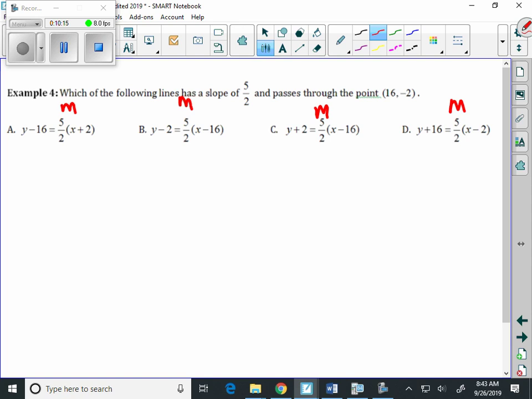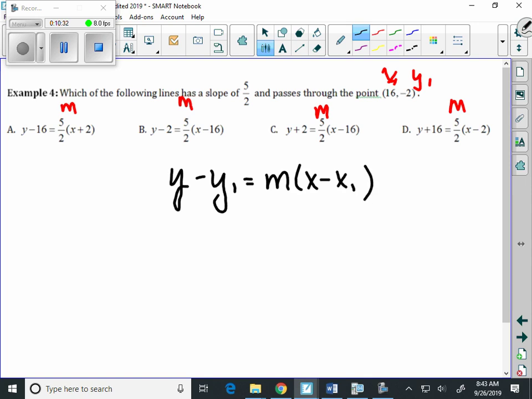And then when we look at the rest of it, however, we've got our x1 here for 16 and our y1 for -2. It maybe is easier to fill in that formula of y minus y1 equals m times x minus x1. Because we've got the 5/2, which again, not going to help us in terms of our answer.